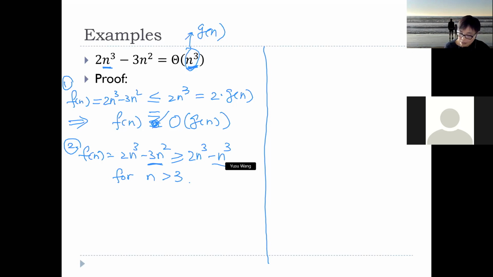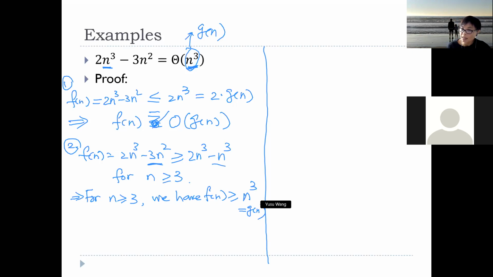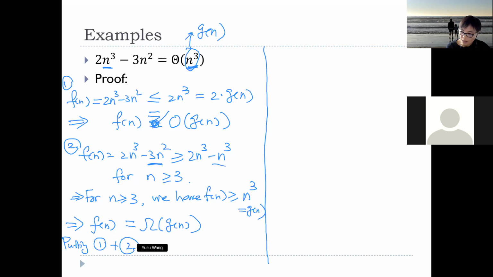Which means that for n bigger than 3, we have f of n bigger than 1 times n cubed, where the constant c is now 1, which implies that f of n is also bounded from below by g of n. And putting 1 and 2 together, we have f of n equal to big theta of g of n.